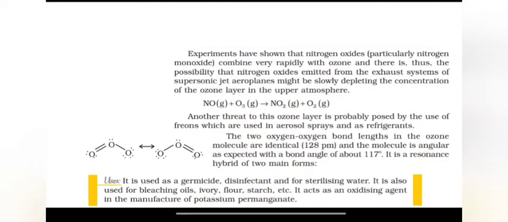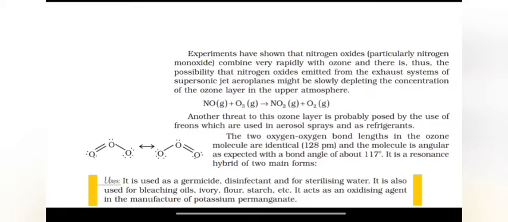Experiments have shown that nitrogen oxides combine very rapidly with ozone, and there is thus the possibility that nitrogen oxides emitted from the exhaust systems of supersonic jet airplanes might be slowly depleting the concentration of the ozone layer in the upper atmosphere.